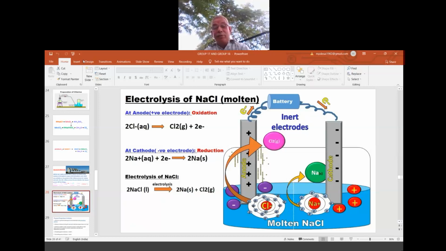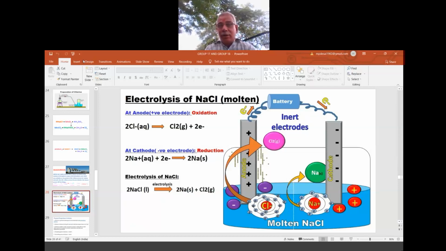Na being a positive ion moves towards the cathode, and Cl being the negative ion moves towards the anode. Sodium wants electrons, and that electron is given by the chloride. So first NaCl separates into Na+ ion and Cl- ion, and those two ions move separately according to their charges.